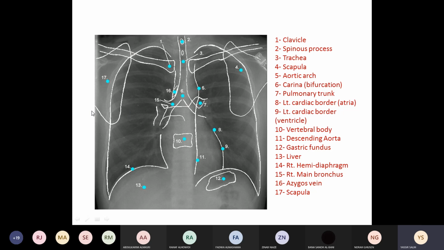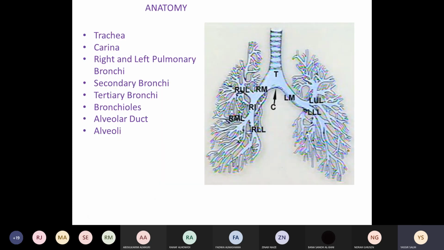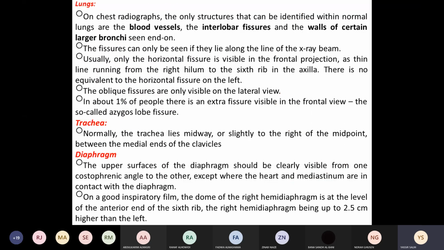It is seen as a horizontal line, not a vertical line. This is the normal appearance and position of the horizontal fissure. You must know the features of the horizontal, or minor, fissure.